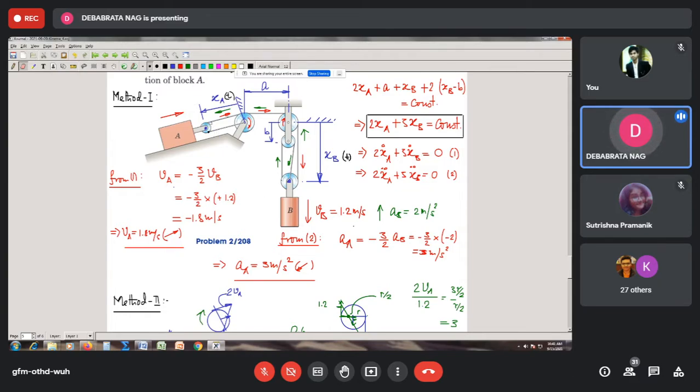So this is how, even if we start with a faulty sense of motion, we will come to an inconclusive end, and that will direct us that, okay, whatever you have assumed to start with is not correct. So the obvious alternative will be that this pulley will be rotating in the clockwise sense, and the string will be going like this.